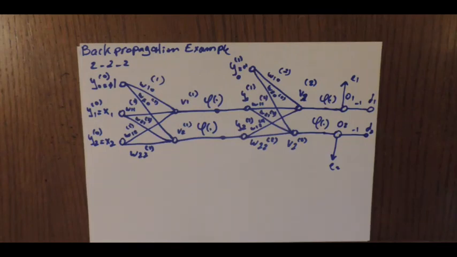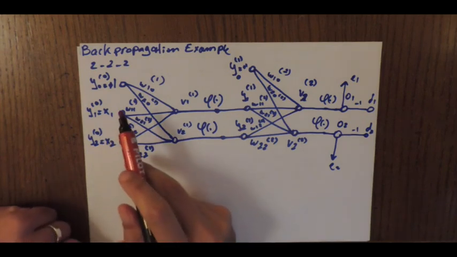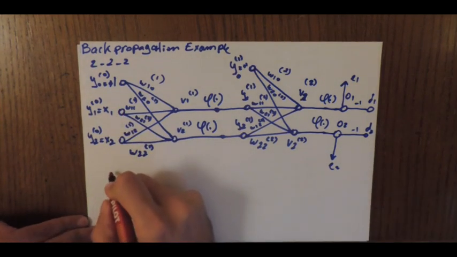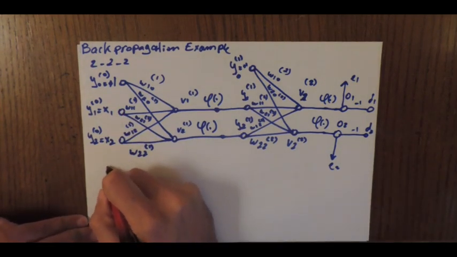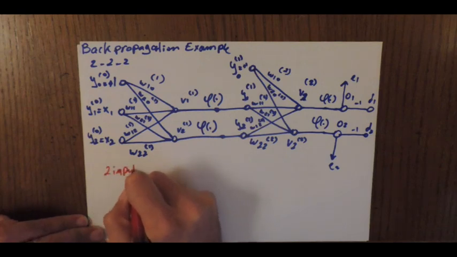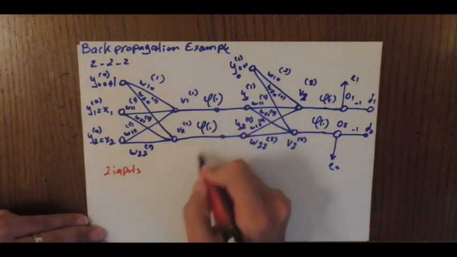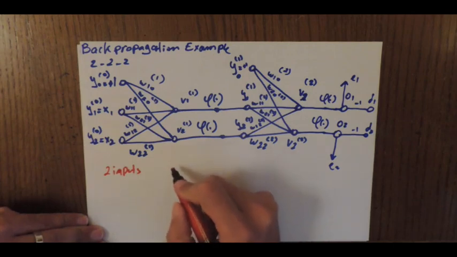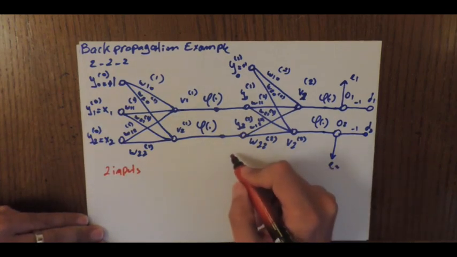Hello everybody, in this lecture we're going to discuss a numerical example of the backpropagation algorithm. So in this network, as you see, we have a 2 by 2 by 2. We have two inputs. So these are the inputs, two inputs. We have the first layer, which is this one.